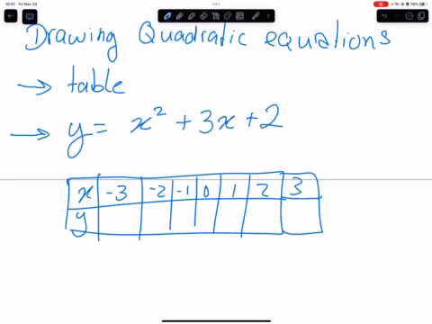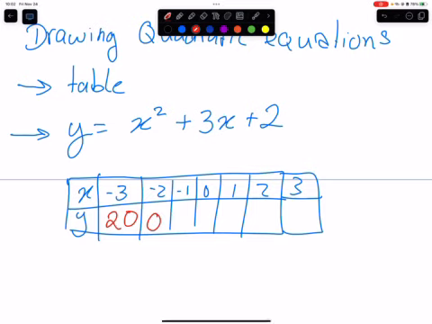You can choose other numbers. It's also fine, because it's not stated. So -3 squared is 9, plus 9 plus 2. 18 plus 2, 20. So -3 is 20. Then for -2, 4 minus 6 is -2, plus 2, 0.